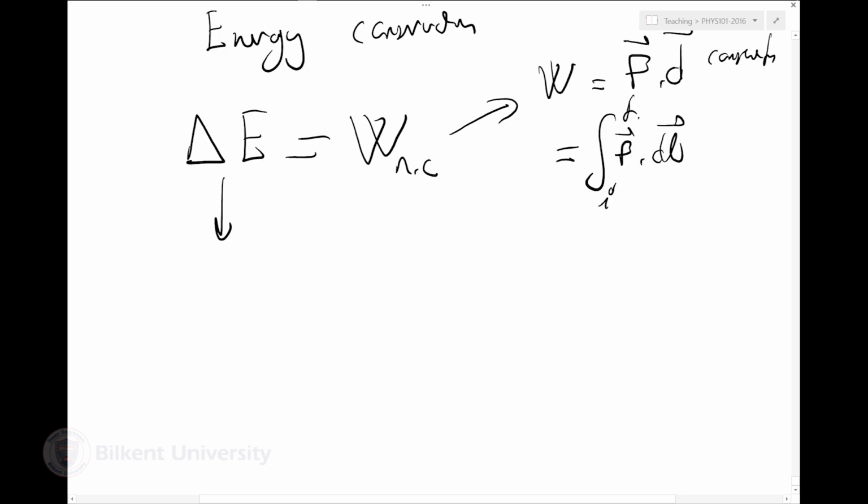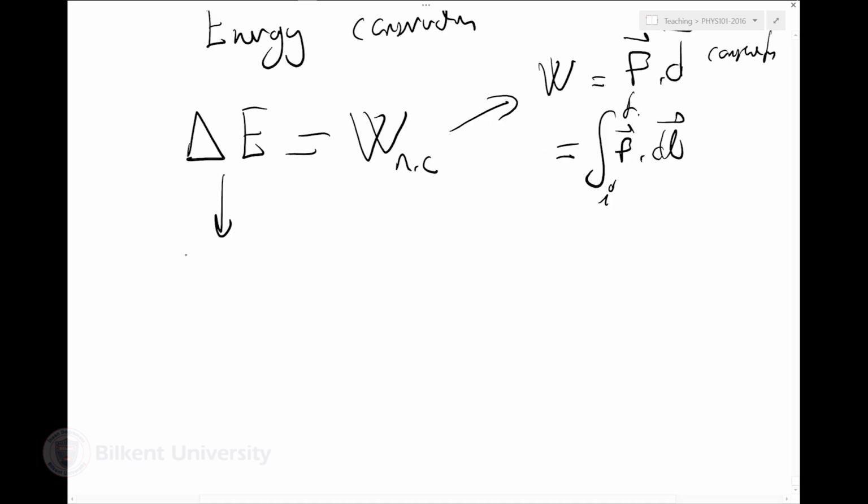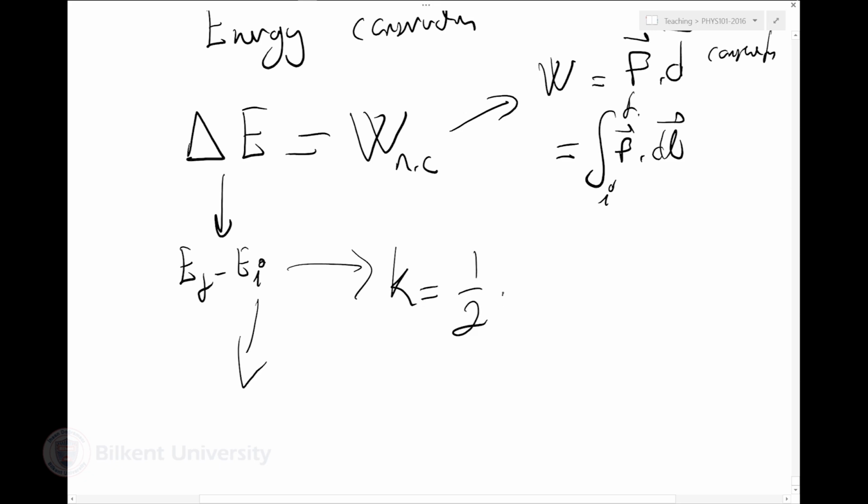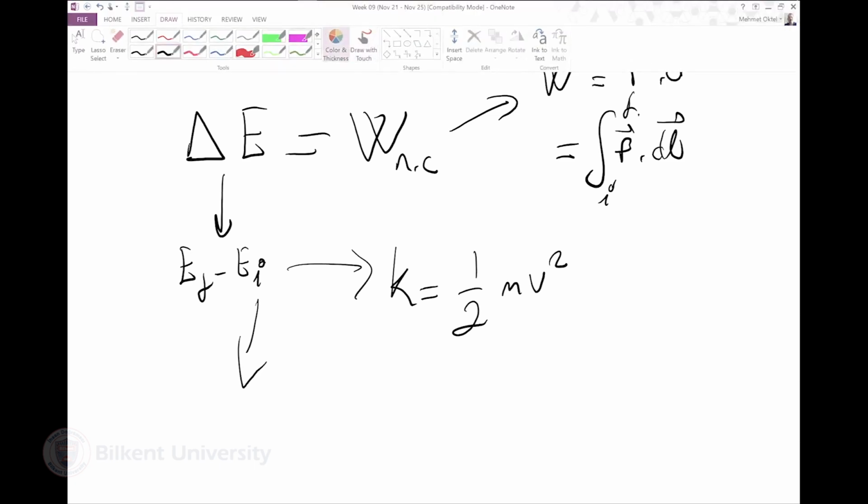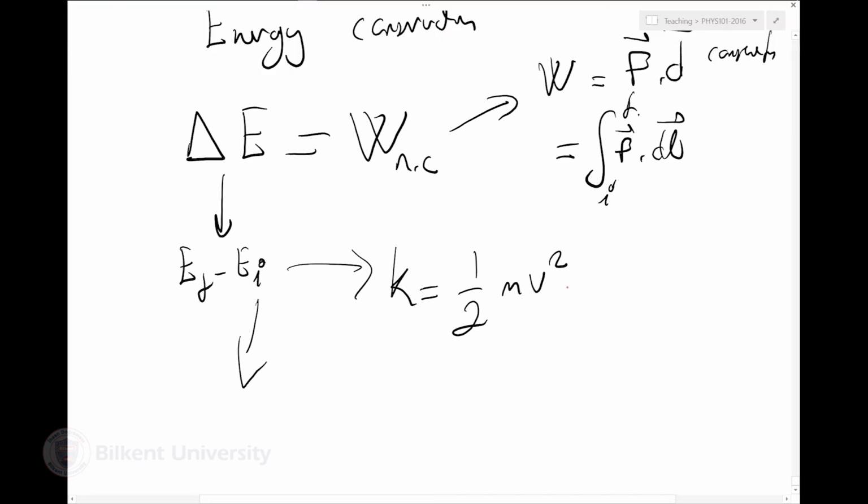And that's going to be final energy minus initial energy. And it can take different forms. First, we had kinetic energy, which is 1/2 mv squared. And now that we also know rotation, I should maybe add 1/2 I omega squared here.